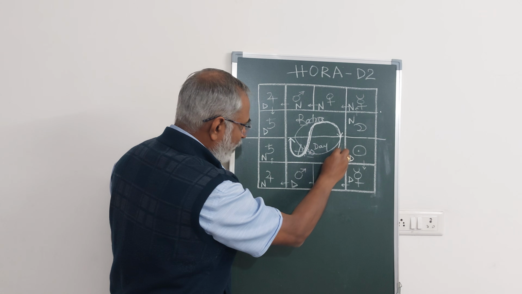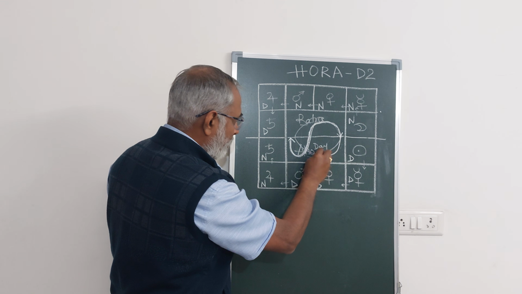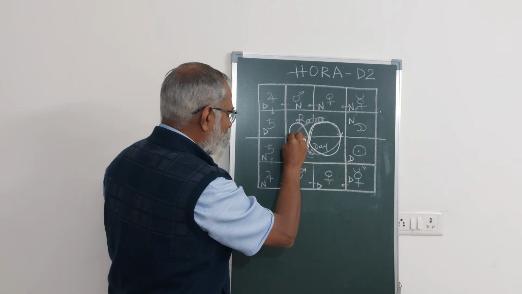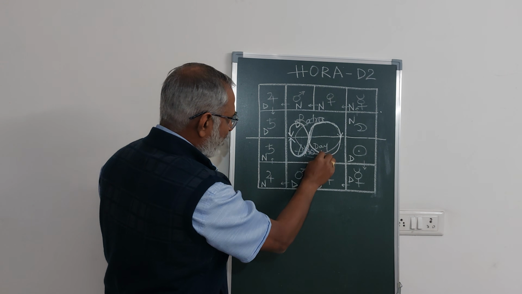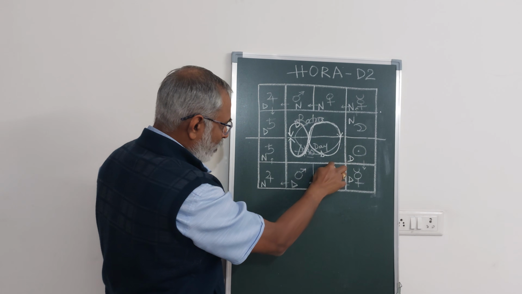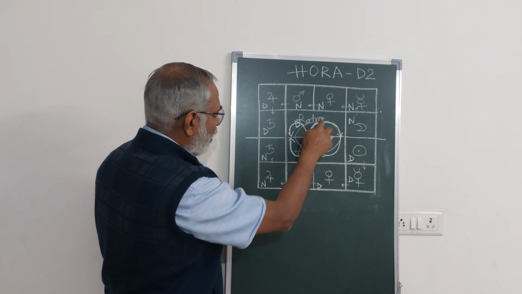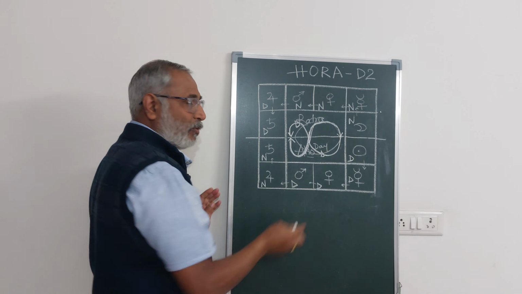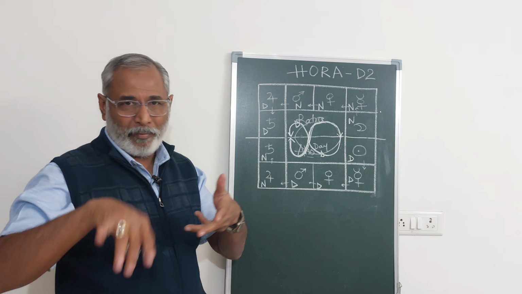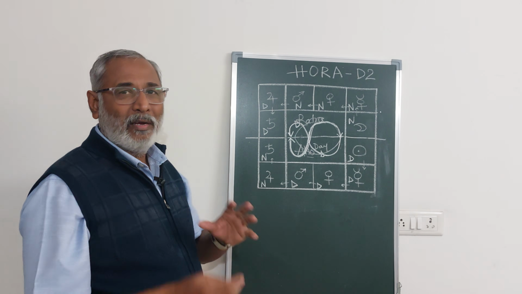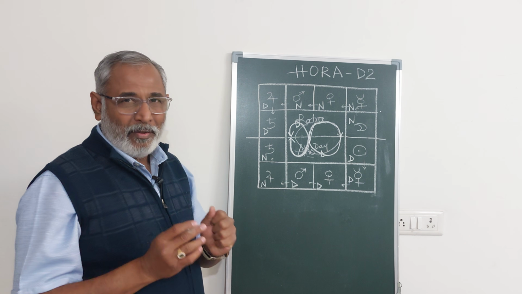And here the day suddenly goes here. So this is the day. You can see the day. So these fellows all represent the day, and these Rashis represent the night. So it is infinite. It has a loop. That is how the Hora is defined.